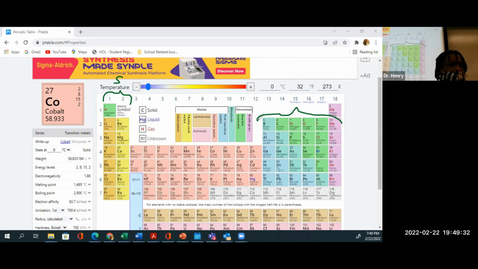So elements want to get their octet full, except for these transitional metals, which we're going to ignore a little bit right now. We're looking at the S and the P, and that represents our octet, that outer layer, okay? How many valence electrons do group 1 metals have?